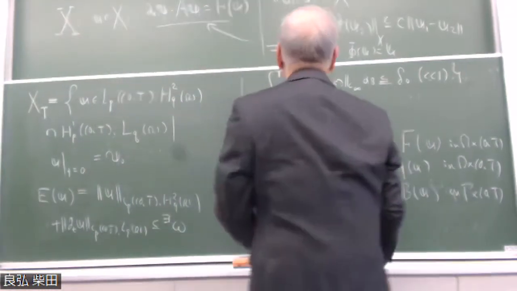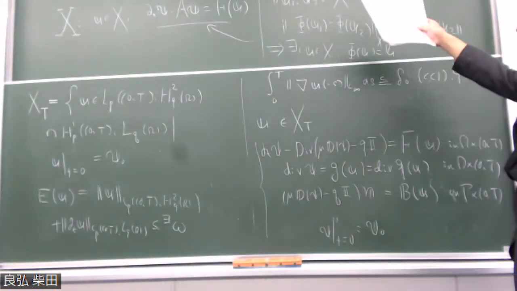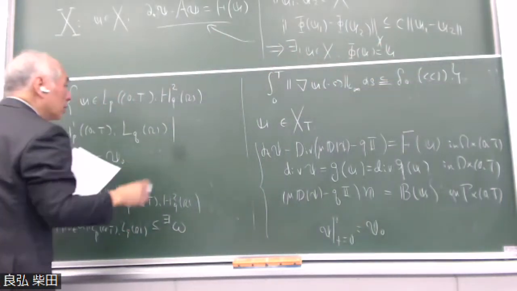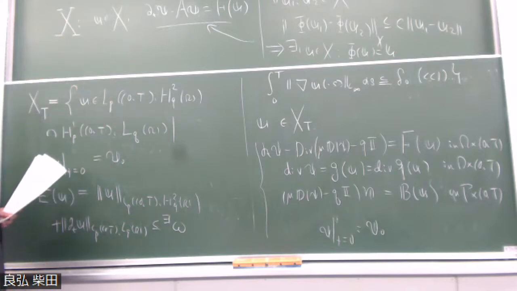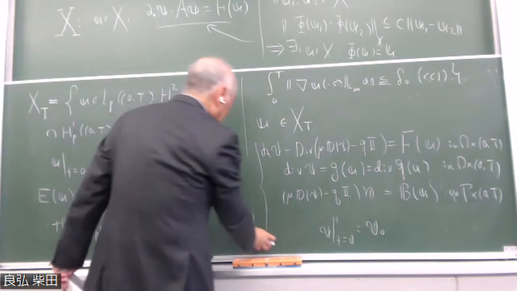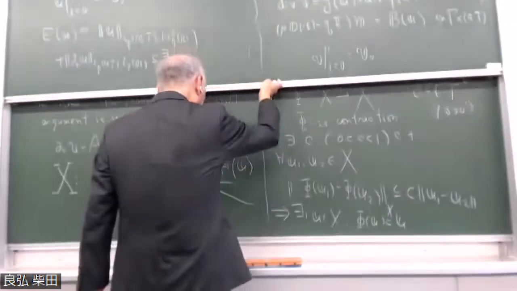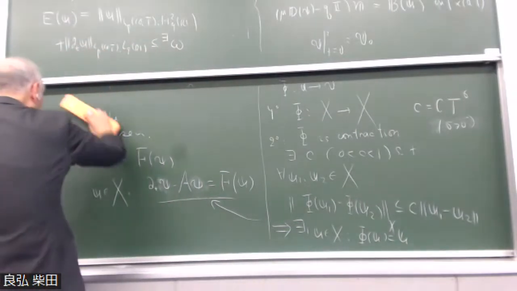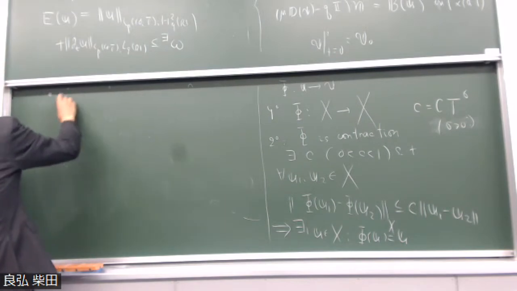Then first, we show that the map Phi maps X into X. We use the linear estimate.